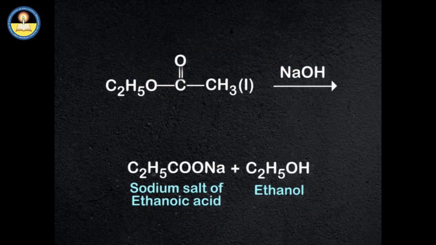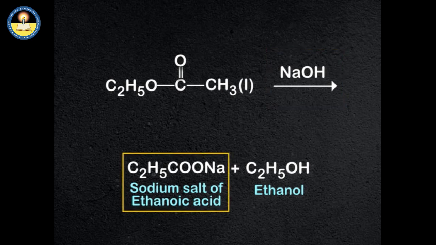On heating ethyl ethanoate with sodium hydroxide solution, its fruity smell disappears. The carboxylic acid is obtained as a sodium salt because of the presence of sodium hydroxide.